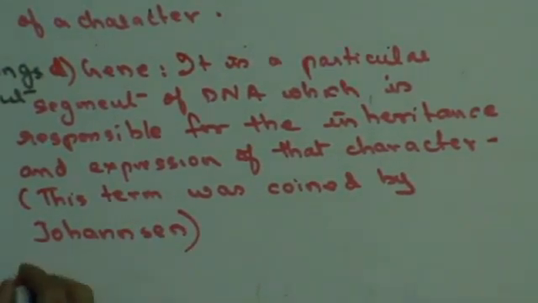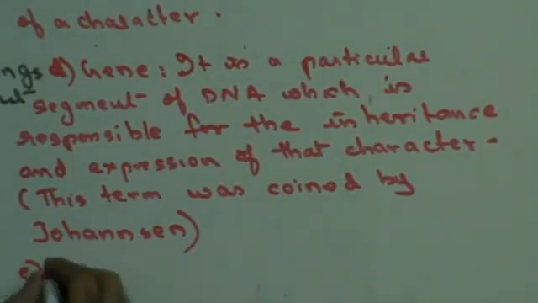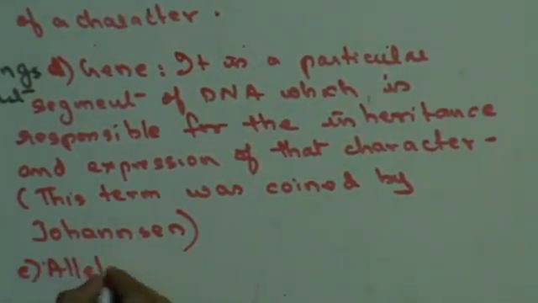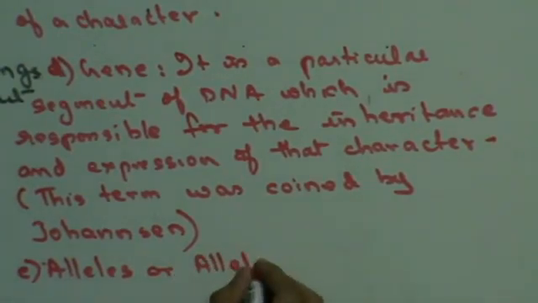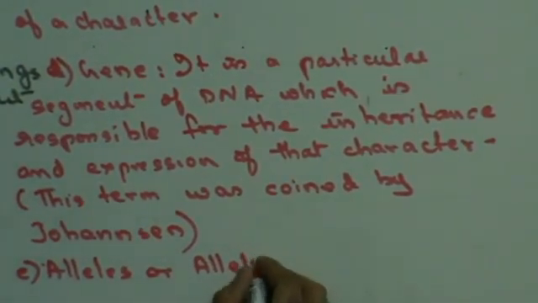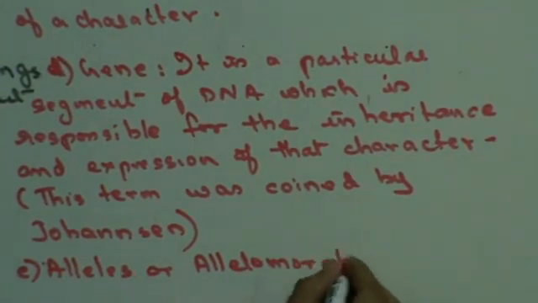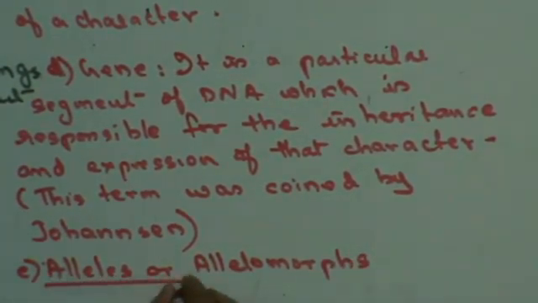Next, another very important term that is used in genetics is alleles, or some authors even write this as allelomorphs. The two alternative forms of a gene are called alleles of each other.